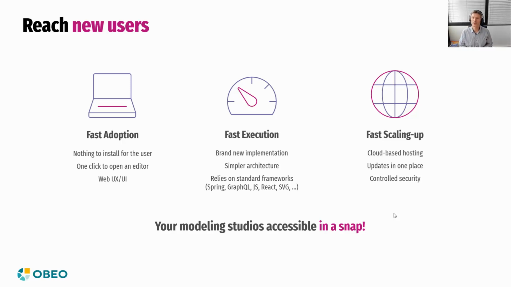We can also scale up fast thanks to cloud-based hosting and cloud-based technology, also for on-premise deployment. Everything is centralized in one central database, so security is easier to manage.